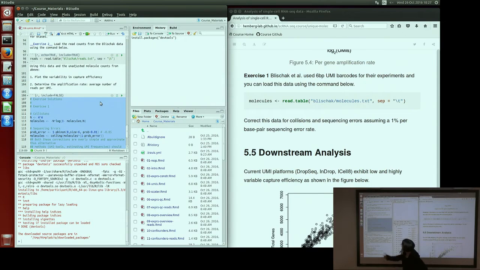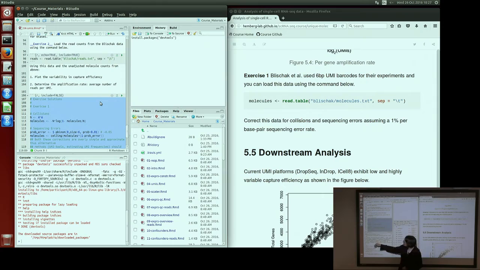So for collisions, you just use the equation at the top, where n is 4 to the exponent 6, because that's the number of barcodes you have, for 4 different possible bases, to the exponent 6, which is the length of the barcode in this data set. And you just apply the equation.